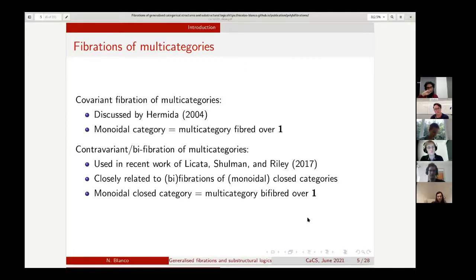And this can be extended to a bifibration of multicategories, and we get a monoidal closed category from that. So this is what I will try to explain to you today: how multicategories can be a way to understand monoidal categories, and how fibrations of multicategories also give you another tool to study these things.